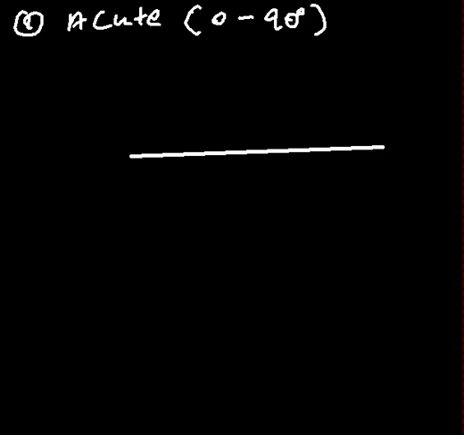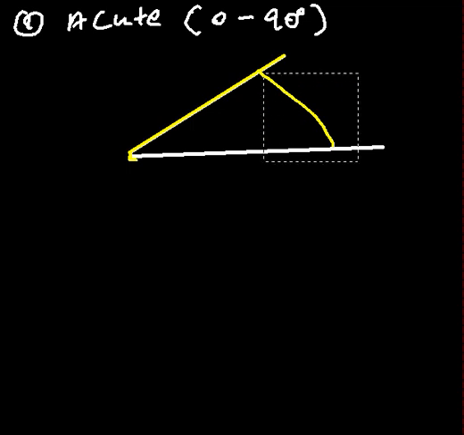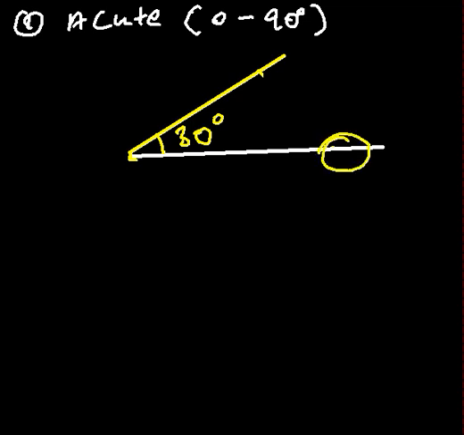You present your protractor and center it here, then you start counting up to reaching 30. So in this case, this is an angle of 30 degrees. That is an acute angle, being measured from the reference line and to this particular direction.